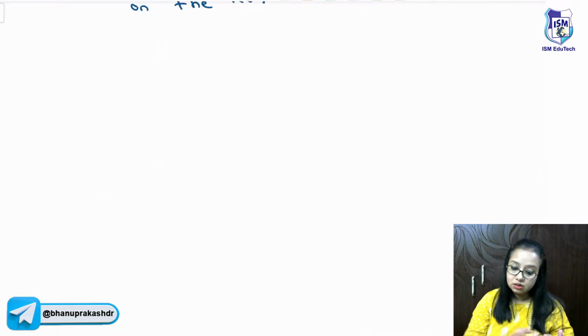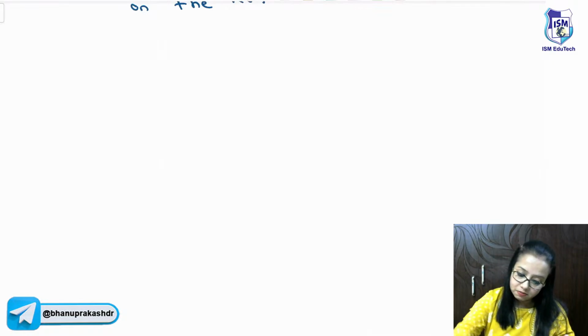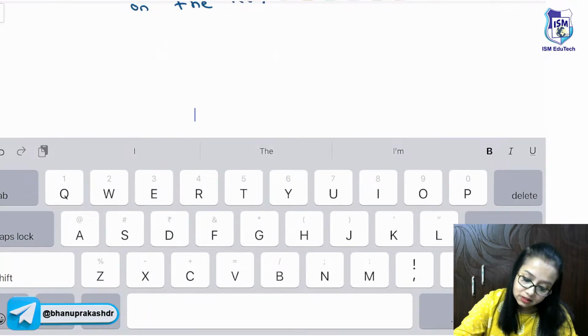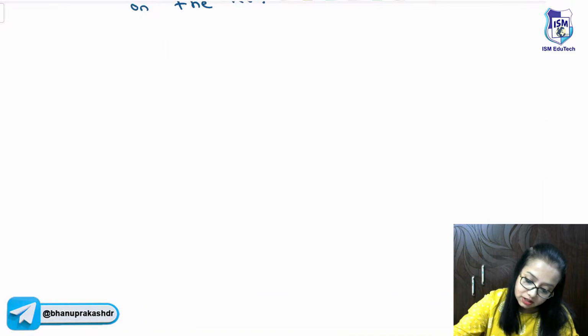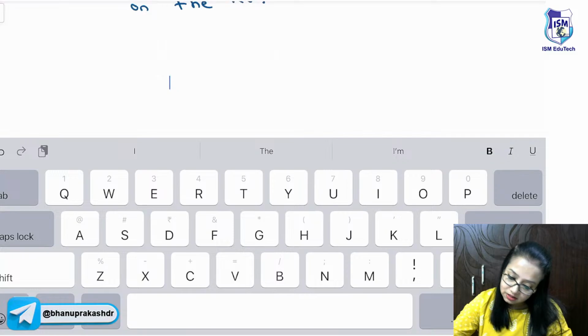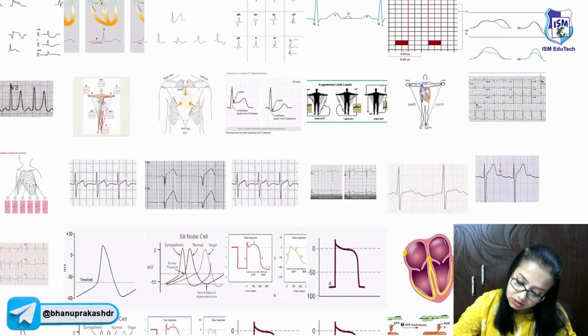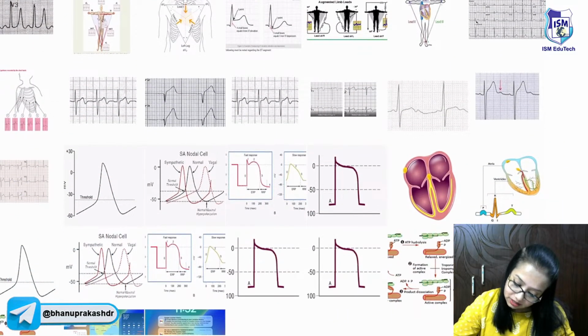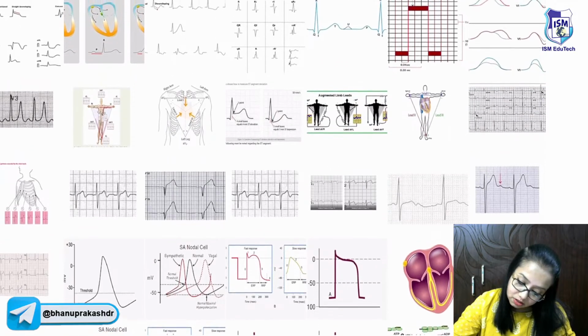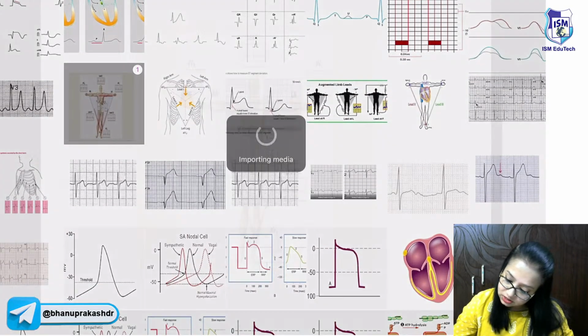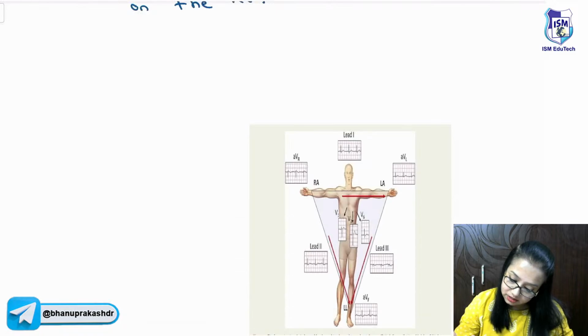Now, if we imagine that we have placed all the leads together, what will be the ultimate picture that we get from the leads of the heart?